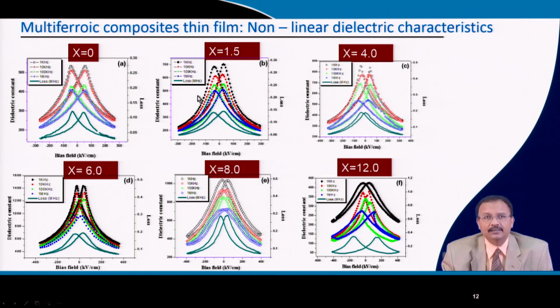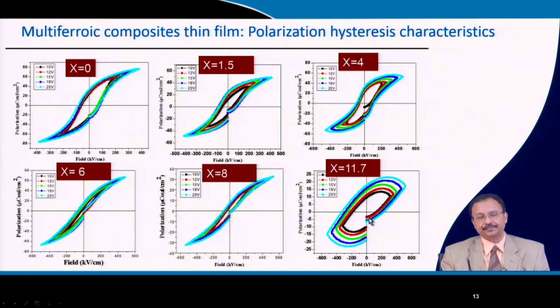So, that needs to be characterized, and not only the dielectric permittivity, you see the loss tangent also exhibits this kind of butterfly loop. So, that exhibits the nonlinear ferroelectric characteristics of this material. Then the hysteresis behavior also should be there, and as you can see the pure material is nicely ferroelectric, and already in the last lecture we talked about ferroelectricity.